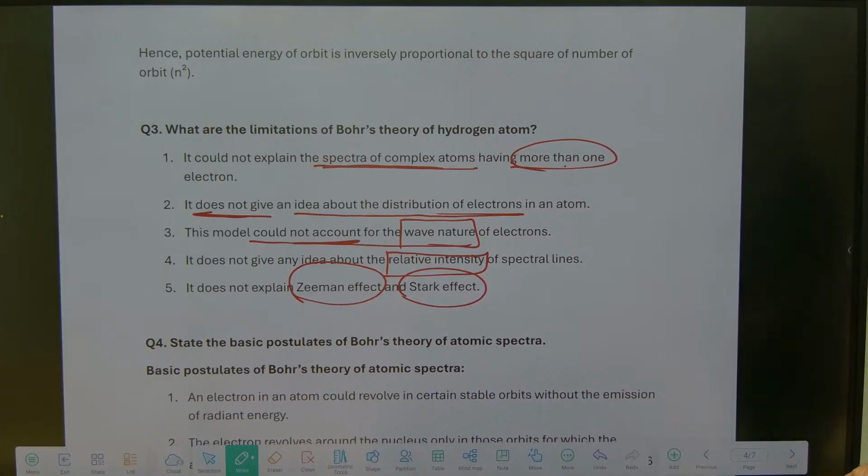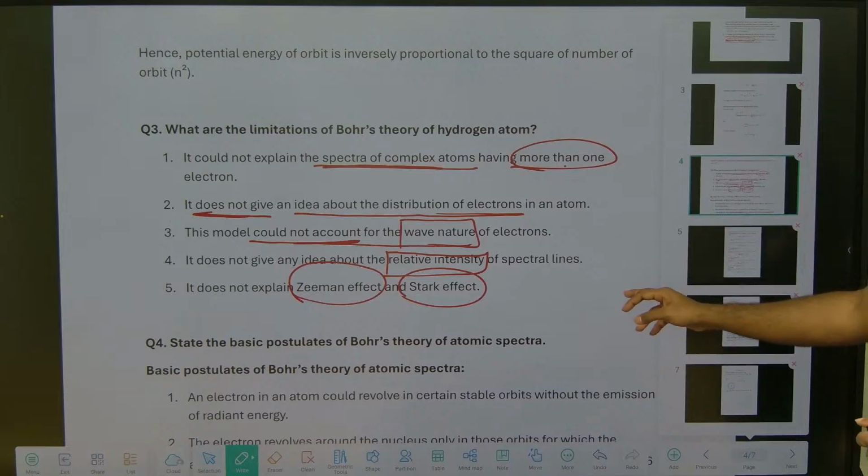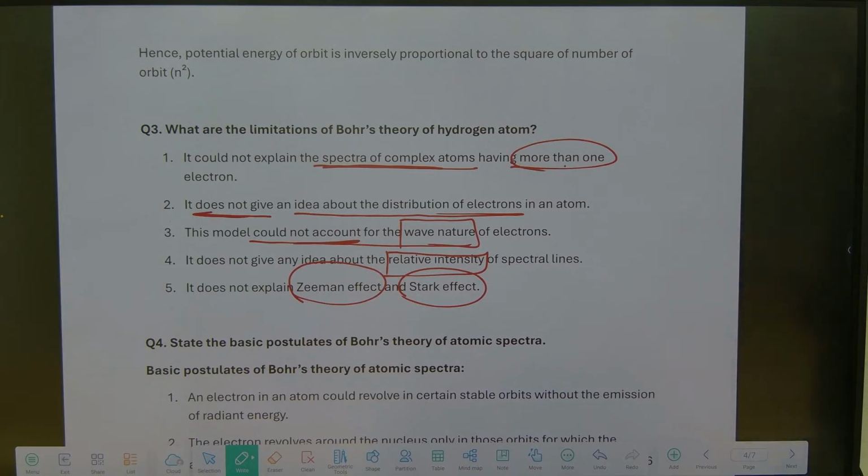Okay. So once it's completed, we can go for the fourth question. Still a few pages are there, we can see easily.